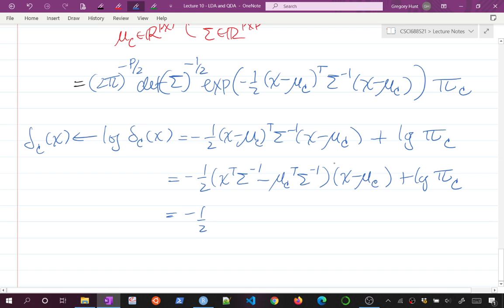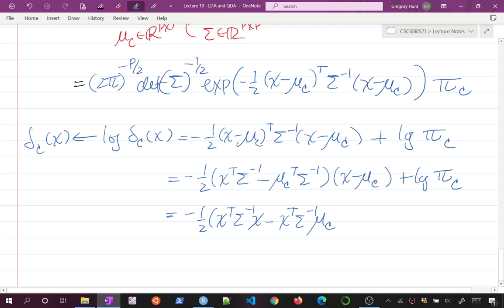And then I can do a FOIL thing here, distribute my x minus mu c through. What am I going to get? First is x transpose sigma inverse x. And the last thing is mu c transpose sigma inverse mu c, and I need a plus sign there.